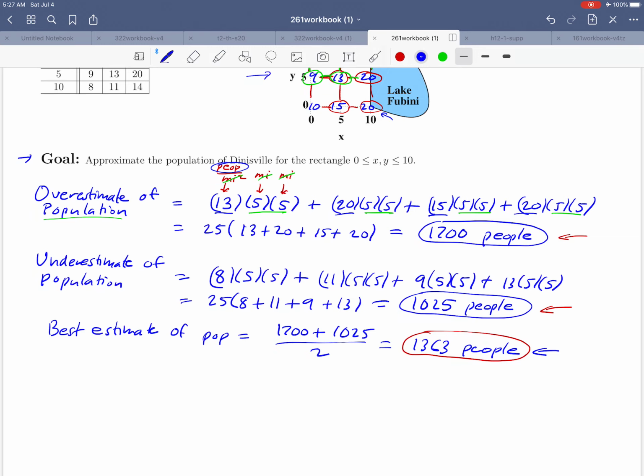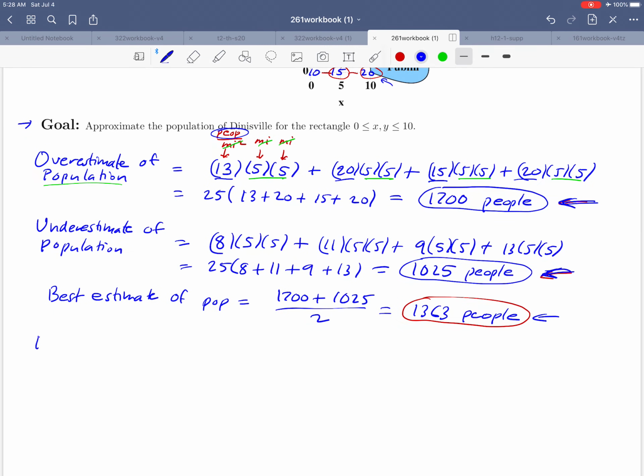Okay, so number one, this is a pretty big range of values between 1025 and 1700. How could we make those two estimates more accurate? Okay, well, if you think about it, one way to do that would be to gather more population density data. If we had population density data for more points, these two numbers, the overestimate and the underestimate, would probably get closer together.